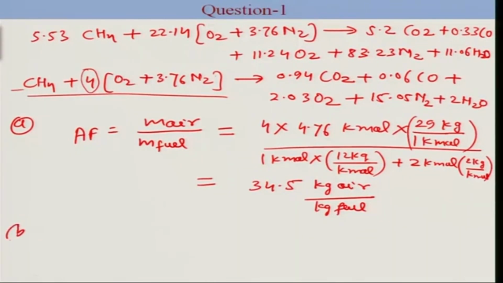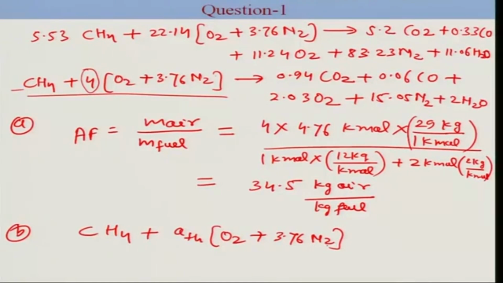So in the second part, if you write the combustion equation for theoretical air, that means complete combustion will take place, 3.76 nitrogen, since complete combustion will take place, so the product stream will contain CO2, H2O and nitrogen. So CO2 plus 2H2O plus 3.76 A theoretical into nitrogen.